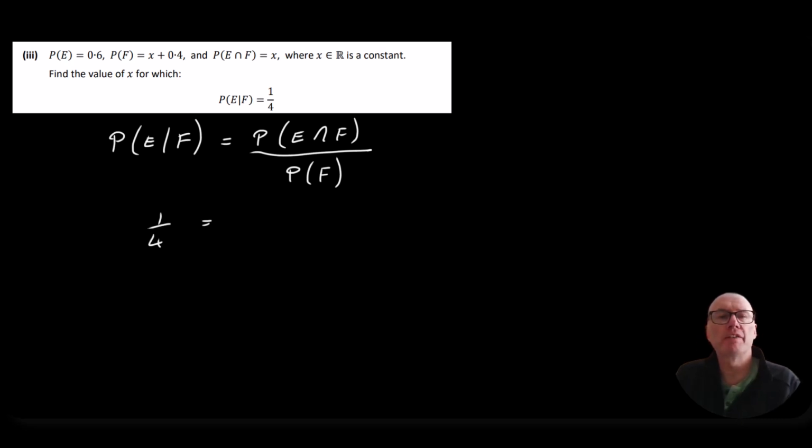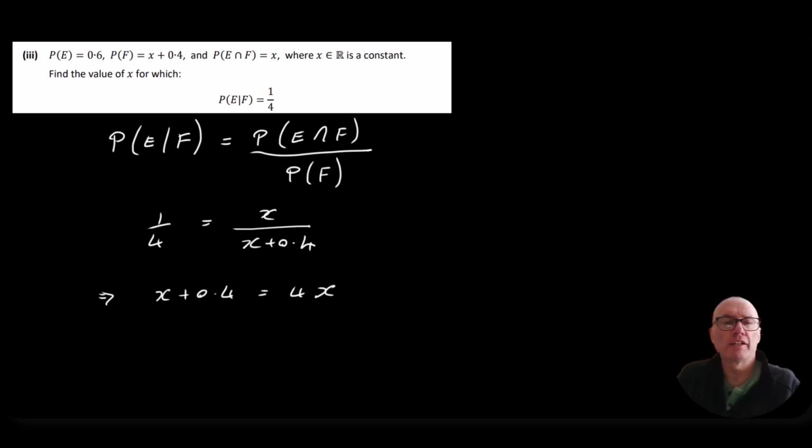So we have the probability of E given F is 1/4, so that goes on the left hand side. The probability of E intersection F is x. The probability of F is x plus 0.4. So it's just a case of solving this particular equation. We have a fraction equal to a fraction, so we can cross multiply. So we have 1 times x plus 0.4, that's x plus 0.4. 4 times x is 4x.